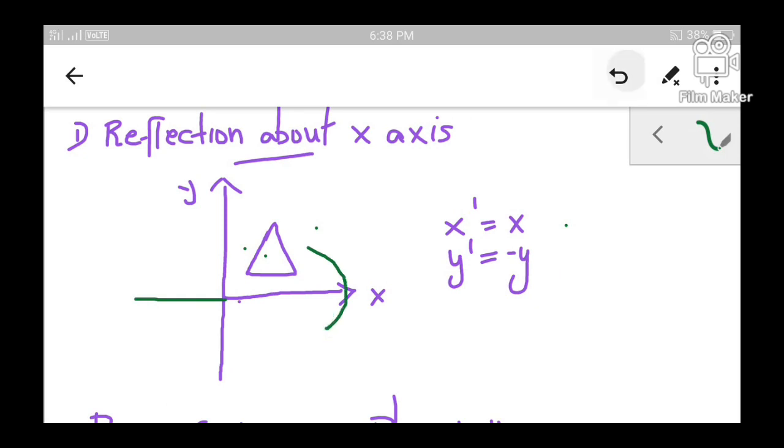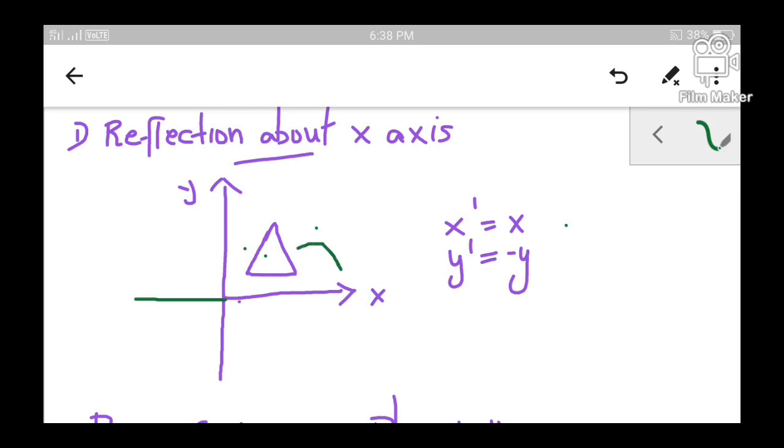We already know that there are 4 quadrants. This is the first quadrant, this is the second quadrant, this is the third quadrant, and this is the fourth quadrant.